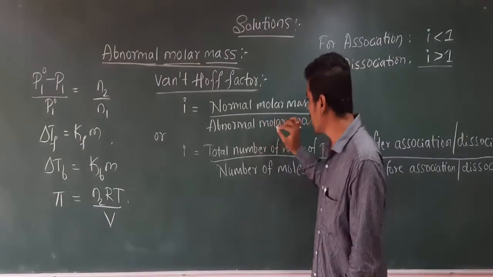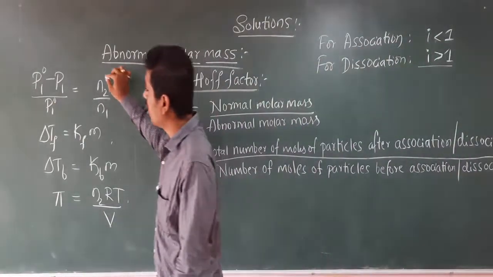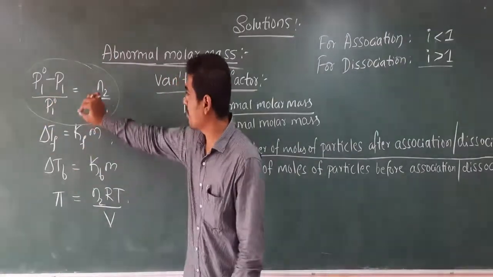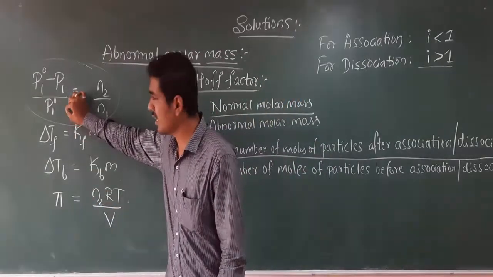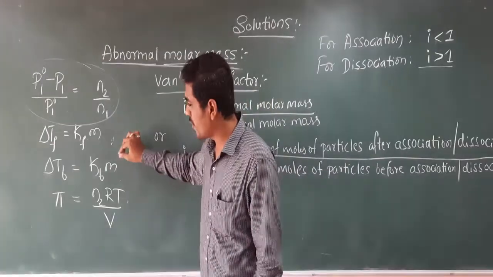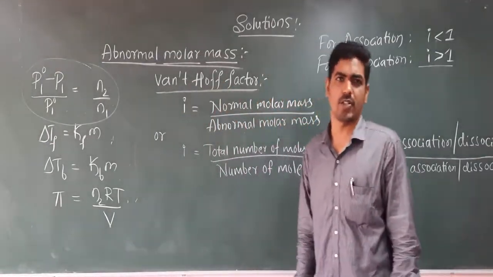Abnormal molar mass means whatever molar mass we have got when we calculate using the relative lowering of vapor pressure, depression of freezing point, elevation of boiling point or osmotic pressure.